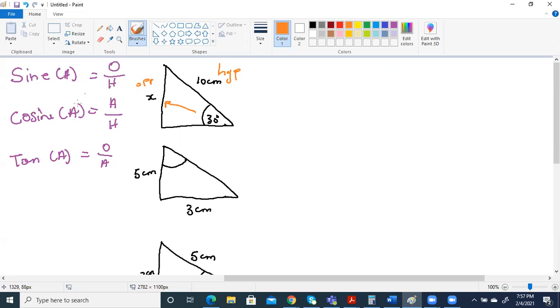So you then have to go to your trig rules and see which of them have opposite and hypotenuse, and that is sine. So what we can say is sine of the angle is equal to opposite over hypotenuse, right?